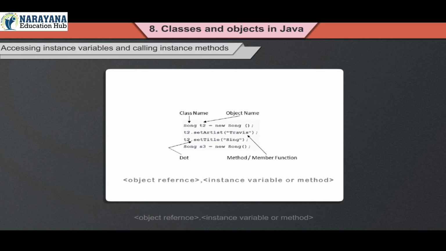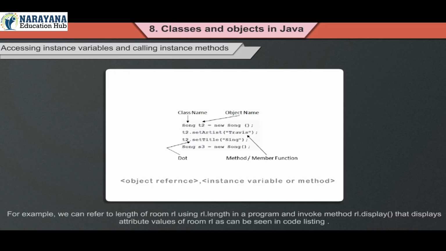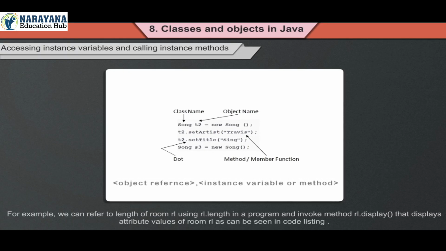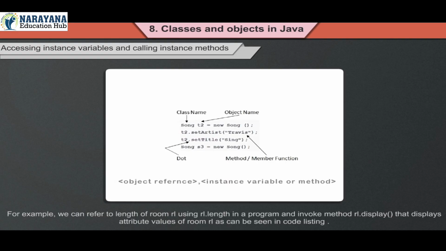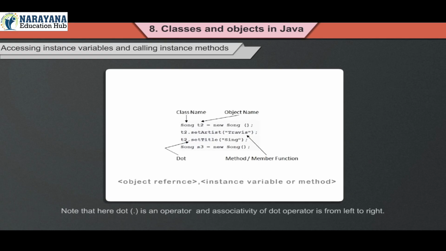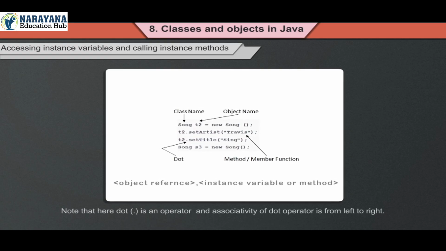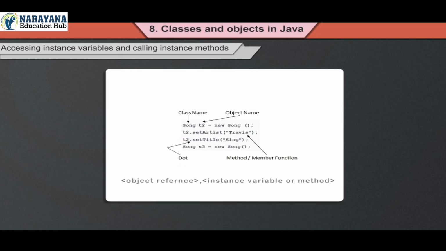For example, we can refer to the length of room R1 using R1.length in a program and invoke the method R1.display that displays attribute values of room R1, as can be seen in the code listing. Note that here dot is an operator and the associativity of the dot operator is from left to right.